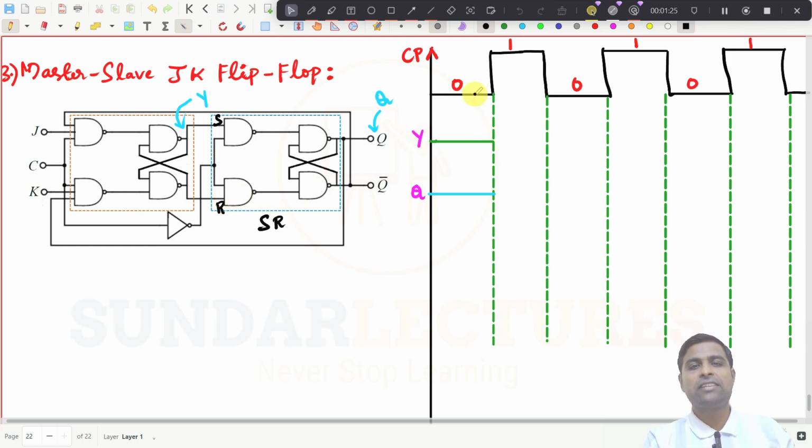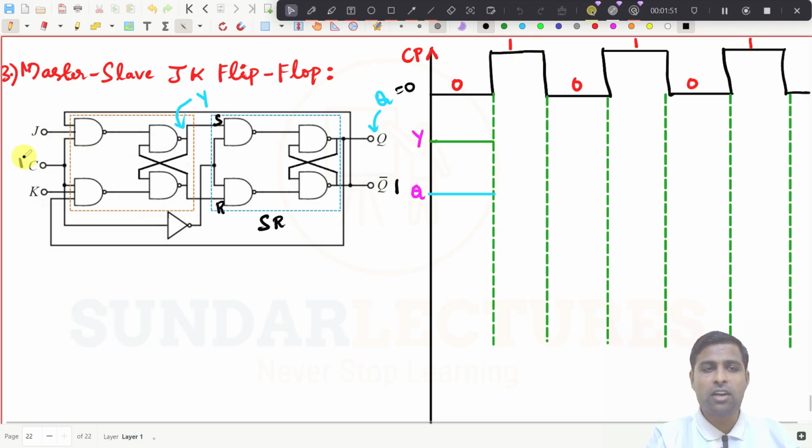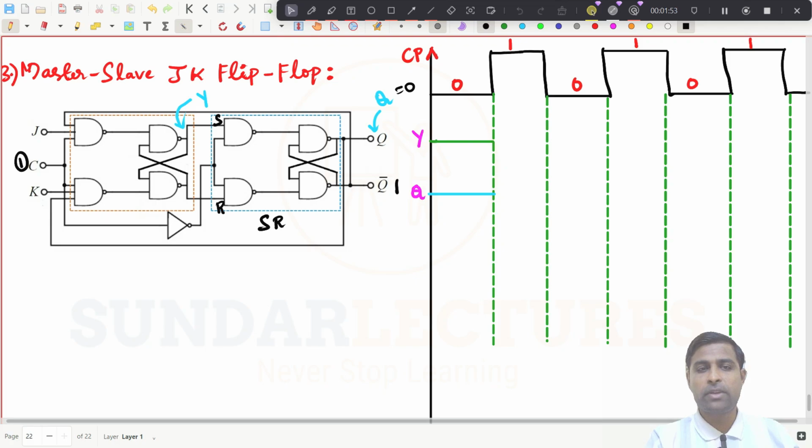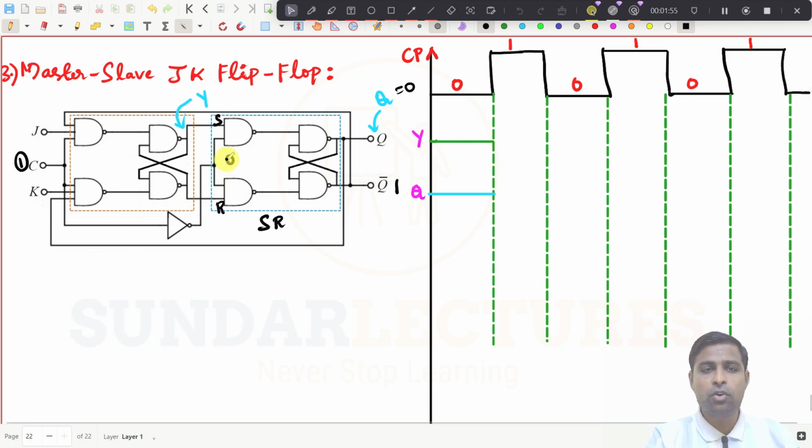So now what happens here? At this stage, the clock pulse is 0, so I am assuming Y is equal to 0 and Q is equal to 0 in the previous state. Since this is 0, this output is 0 and this is 1, right? You know this one. Now the clock pulse is 1 here. So this clock pulse is 1, this one is 1, and this one is 0.